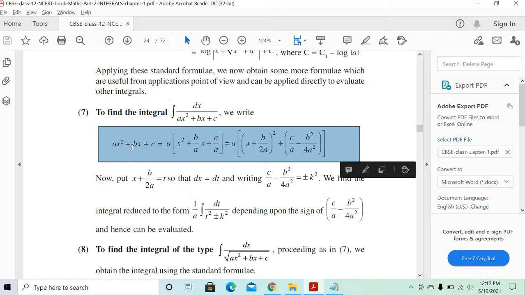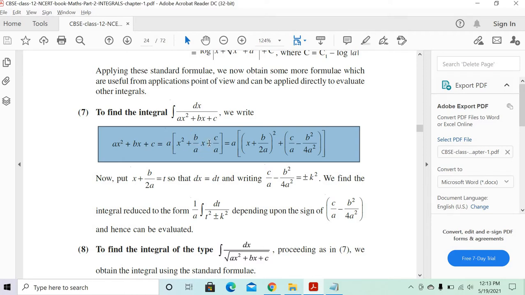That means you divide and multiply this quadratic with a, correct? Now you just need to take the first two terms, x square plus b by ax, and form them into a plus b whole square. x square is a square, and b by ax is the 2ab term.